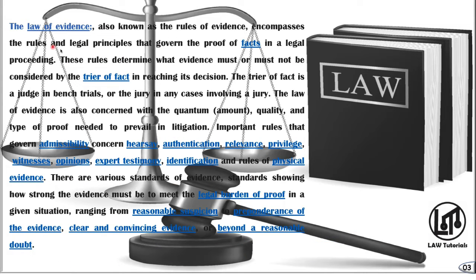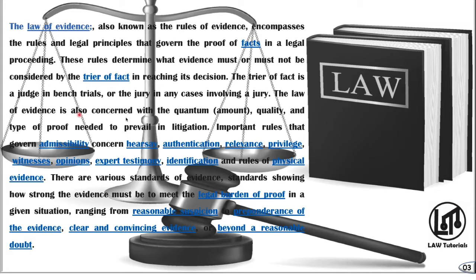Now, the law of evidence. The law of evidence, also known as the rules of evidence, encompasses the rules and legal principles that govern the proof of facts in a legal proceeding. These rules determine what evidence must or must not be considered by the trier of fact in reaching its decision. The trier of fact is a judge in bench trials, or a jury in any cases involving a jury.